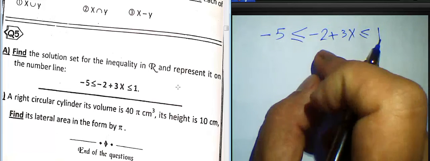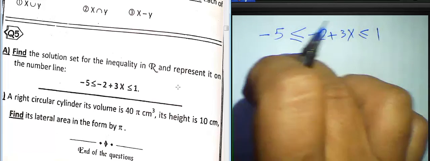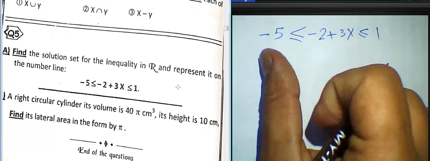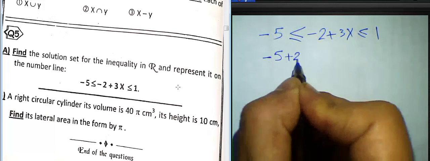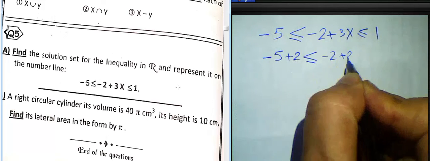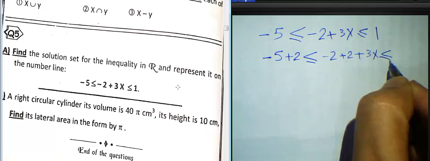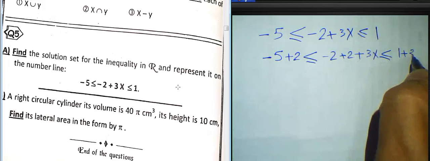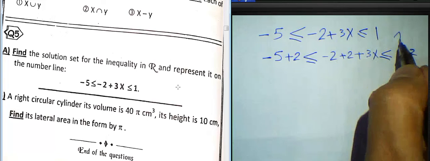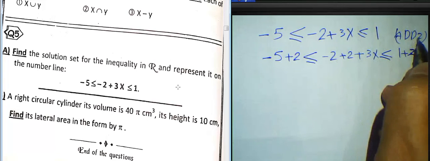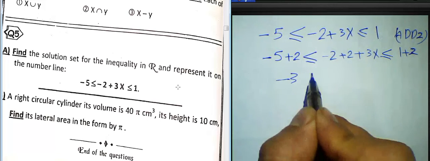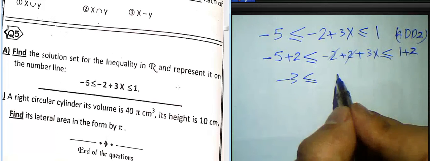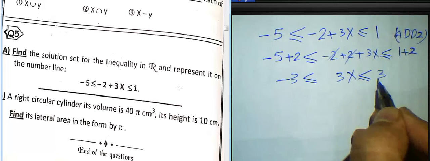First, we must cancel -2 from all sides, so we add 2 to the left hand side, the right hand side and the middle. We write -5 plus 2 less than or equal to -2 plus 2 plus 3x less than or equal to 1 plus 2. The result will be -3 less than or equal to 3x less than or equal to 3.